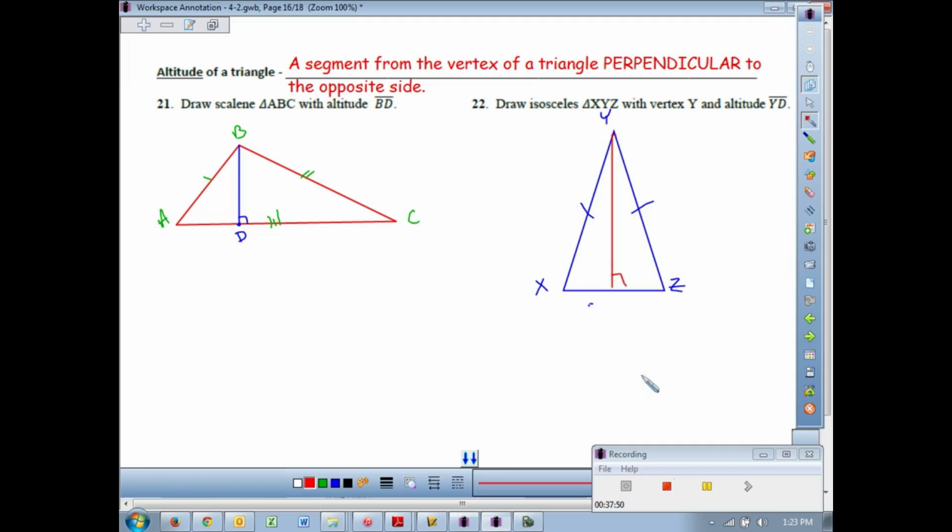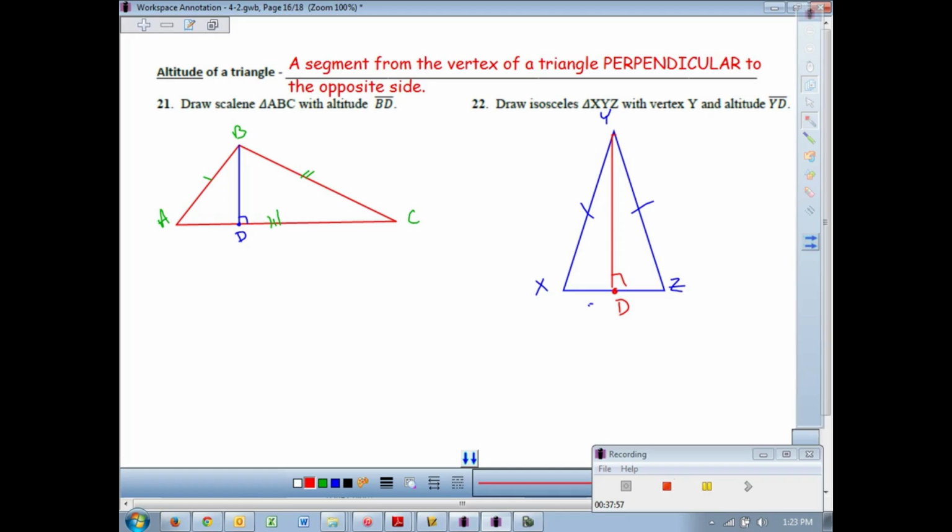Need a right angle box. They want that point to be a D. Are you okay with that? Cool. What kind of triangle is this? It's isosceles. We just drew an altitude, correct?